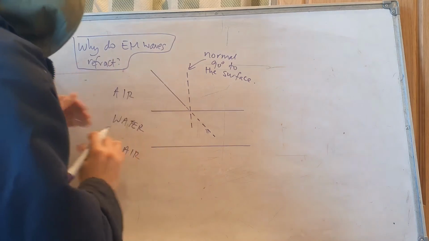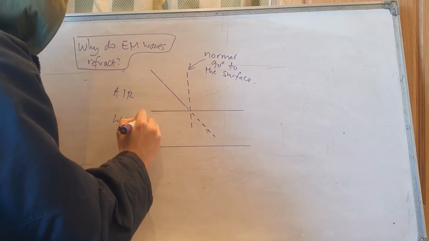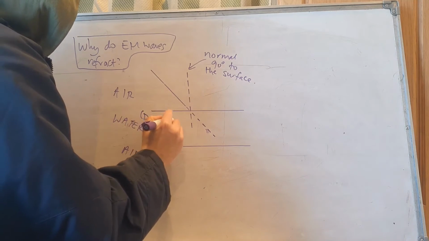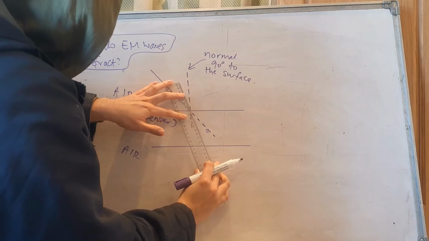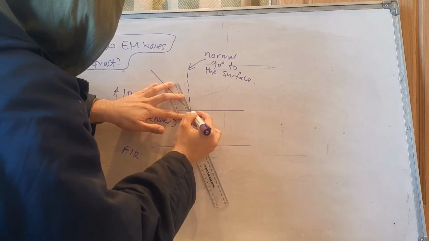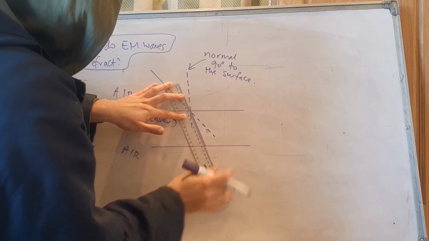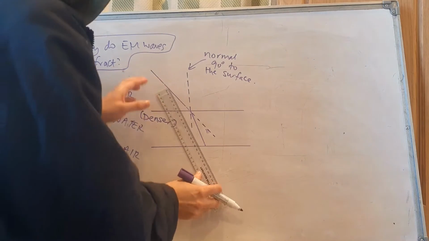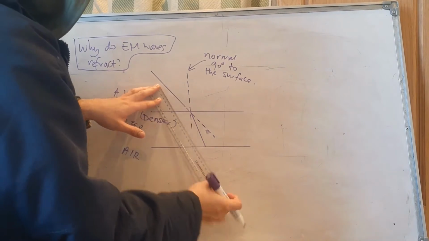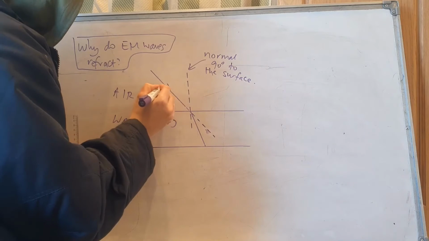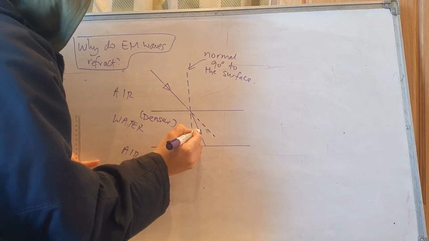However, because it goes into a denser material, so this is denser, it will go towards the normal. So the arrow is going this direction.